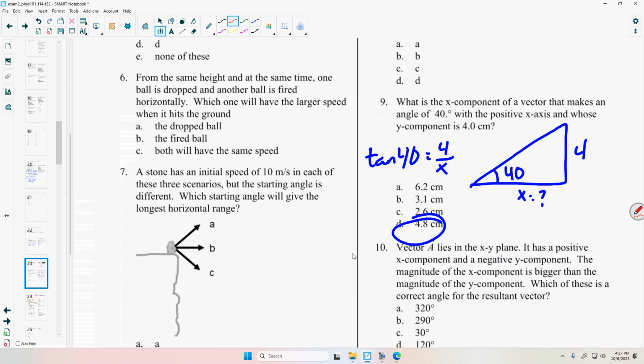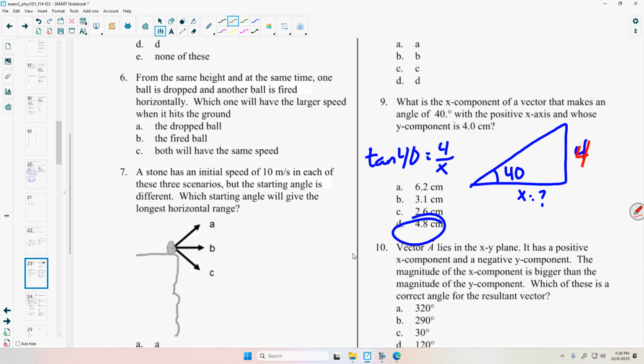Okay. Yeah, so it looks like we've done this one back, probably preparing for the quiz. So I have an x component of a vector. I'm asking what is the x component, and the y component is 4. So just draw this triangle. So this is my y component. It's 4.